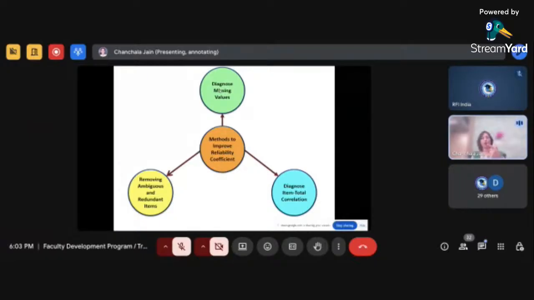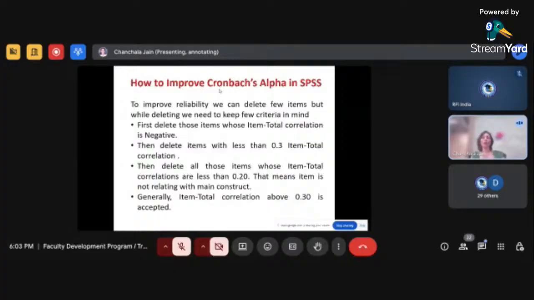In the reliability output you will get one of the columns as item total correlation. You need to check that and understand the accepted values. Usually negative values of item total correlation are not accepted. If for any particular item you are getting a negative item total correlation, you can delete that item from your scale.